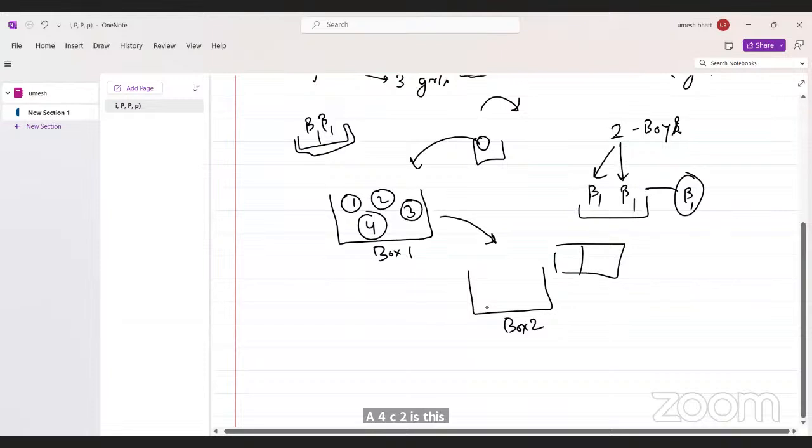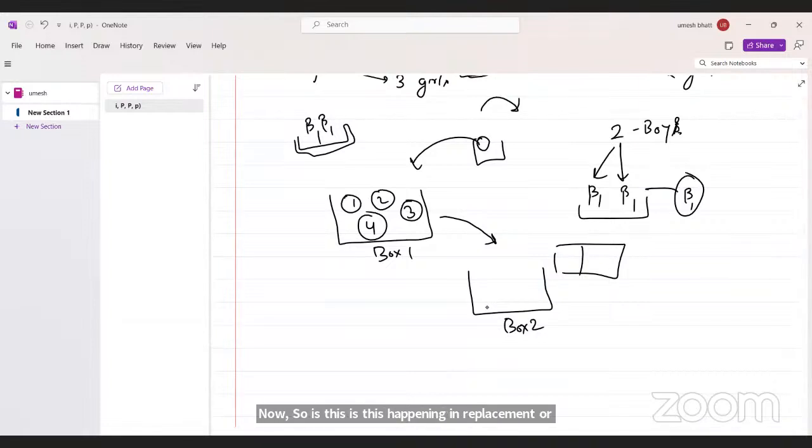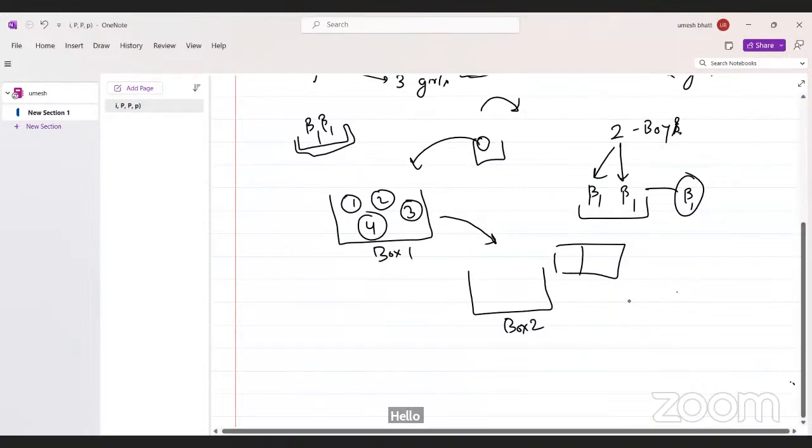So is this happening with replacement or non-replacement according to you? What will happen if I replace again, and what will happen if I do not replace? If you replace, the same balls may come back. So if I replace, I may get the same ball only in my collection.